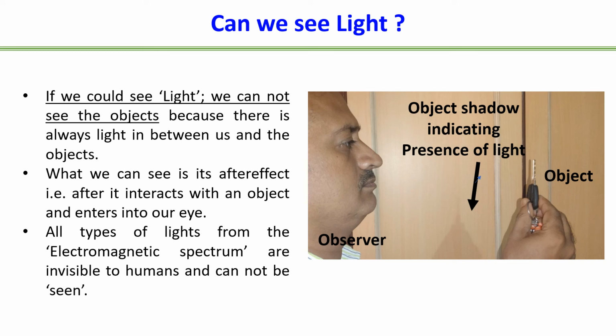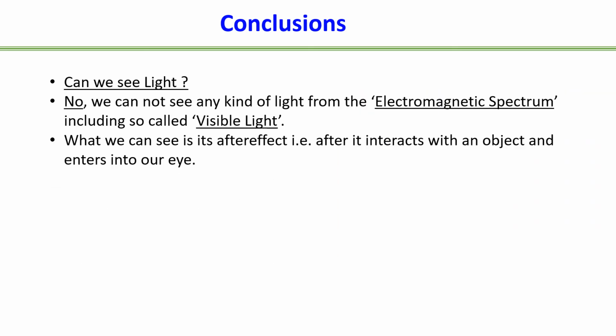So all types of light from the electromagnetic spectrum are invisible to human beings and they cannot be seen. So the conclusion is, can we see the light? No, we cannot see any kind of light from the electromagnetic spectrum, including so-called visible light. What we can see is its after effect, after it interacts with the object and enters into our eye. That's what creates sensation, and that's how we can see the different objects, but we cannot see the light.